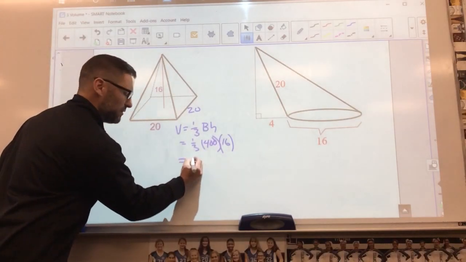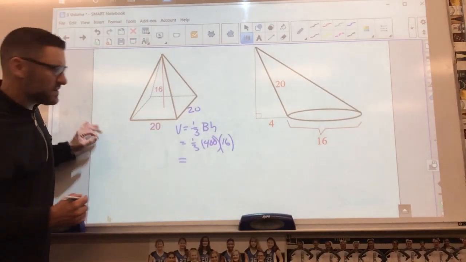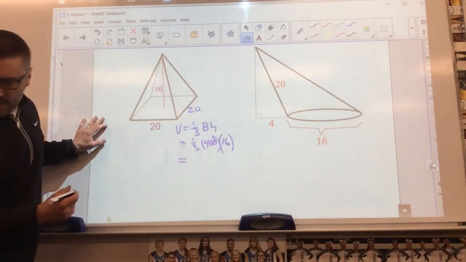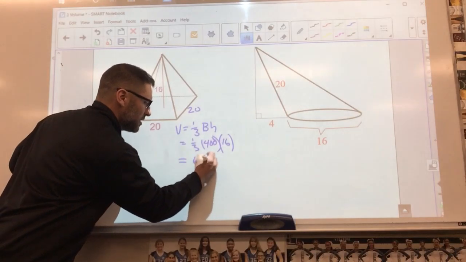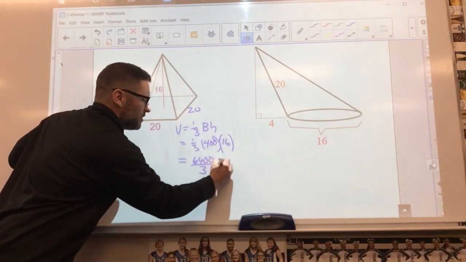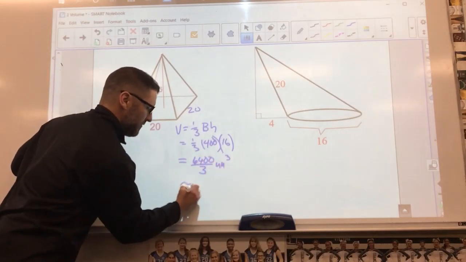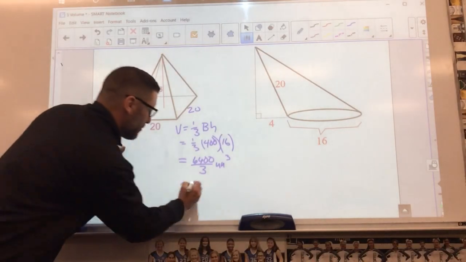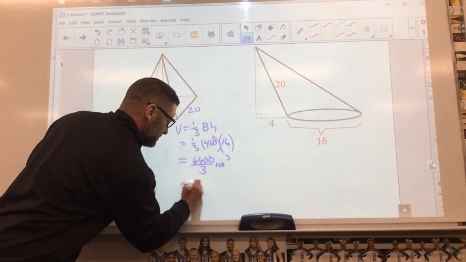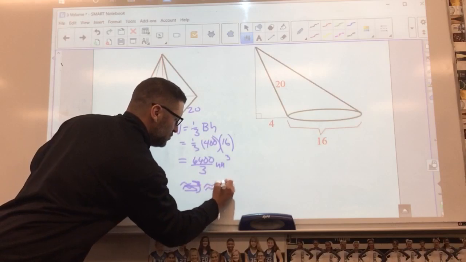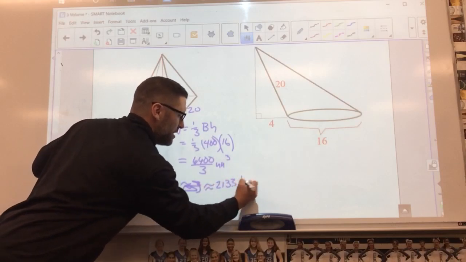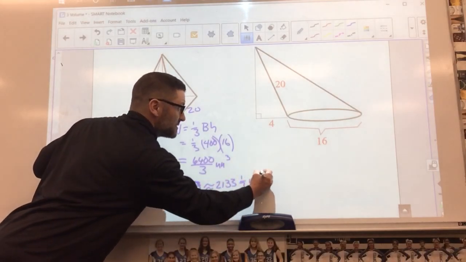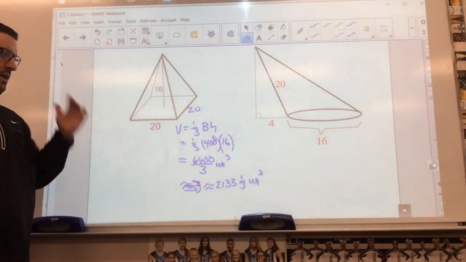So what they would do is they would leave it, that 400 times 16 is 6,400 over 3 cubic units. And if I wanted to write it approximately, approximately 2133 1/3 cubic units. And we'd have it. Okay?